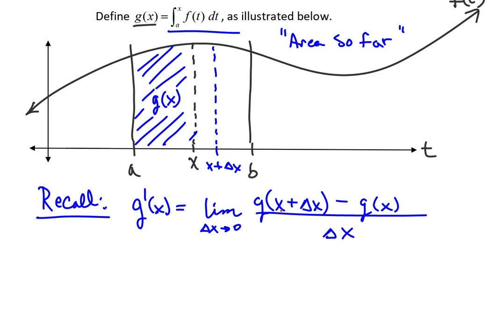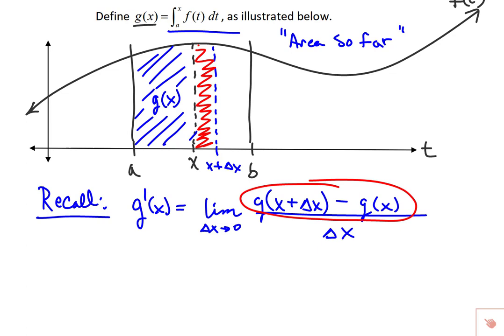If we understand g of x as defined above to be the area so far, that is the area from a to x, then we could say that the numerator of this limit definition of the derivative, that is g of x plus delta x minus g of x, would be the area portion between x and x plus delta x. Let's think about that for a second. G of x plus delta x would be the area from a all the way up to x plus delta x.